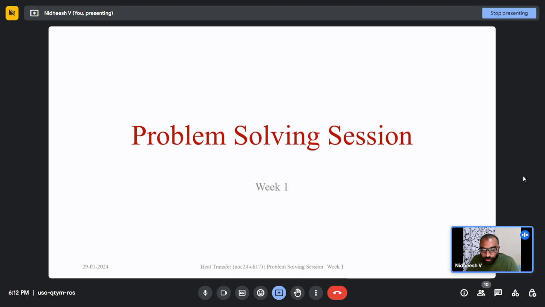I think there will be 2 more sessions. It is not necessary to join all sessions. All the sessions would be almost similar, except that different teaching assistants would be taking different sessions. So to answer your question, yes, tomorrow also there would be problem solving sessions, but you can attend any one of these 4 problem solving sessions.